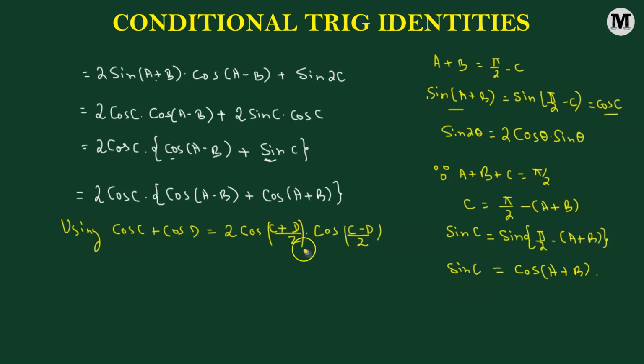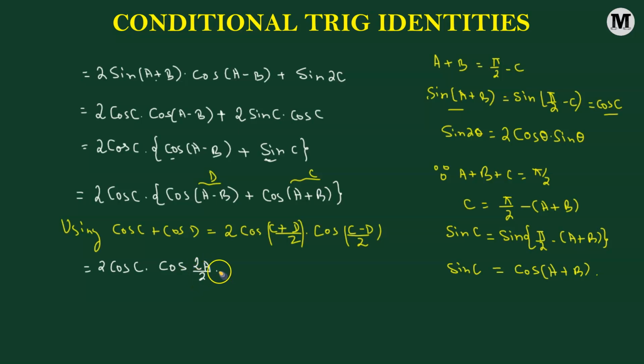Here, let us suppose that a plus b corresponds to angle C, and a minus b corresponds to D. So we now have 2 times cosine of angle C multiplied by cosine of the angle. C plus D simply means a plus b added to a minus b, which gives us 2a.